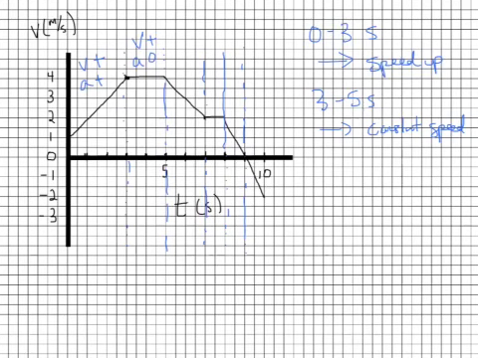Alright, for my next section, I'm still above the horizontal axis, so my velocity is still positive, but now I have a negative slope, so my acceleration is negative, and if I have a positive velocity but a negative acceleration, then that tells me that from 5 to 7 seconds I am moving to the right, but I am slowing down.